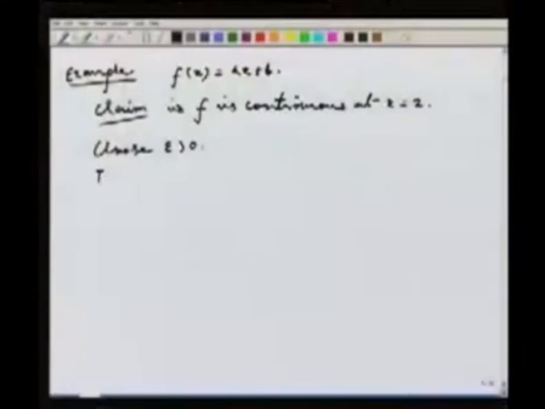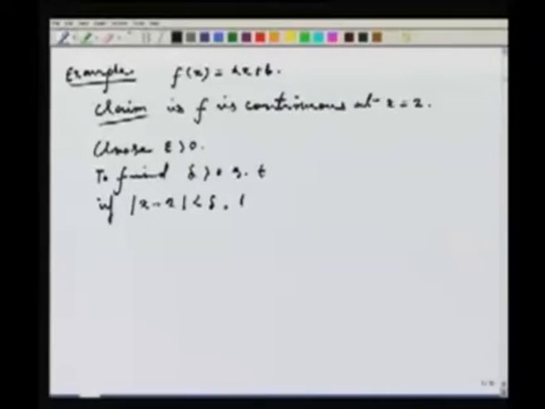Now I have to find a delta bigger than 0 such that if |x - 2| < delta, then |f(x) - f(2)| < epsilon.